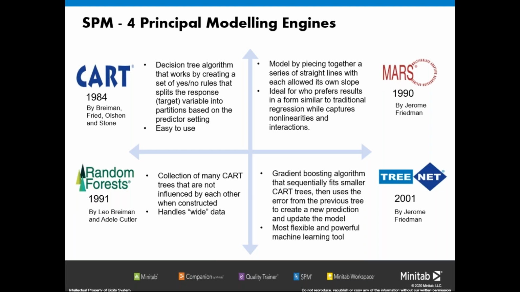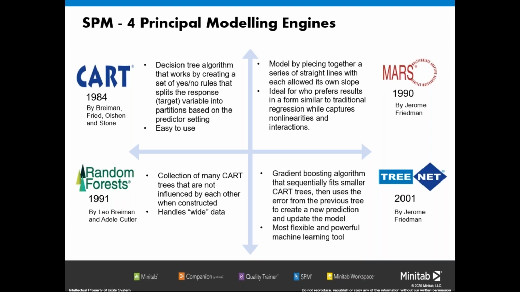But in SPM, we have a model built by piecing together a series of straight lines, each allowed its own slope. It is ideal for those who prefer results in a form similar to traditional regression. We capture the non-linearity and interaction. The basic one is easy to understand.